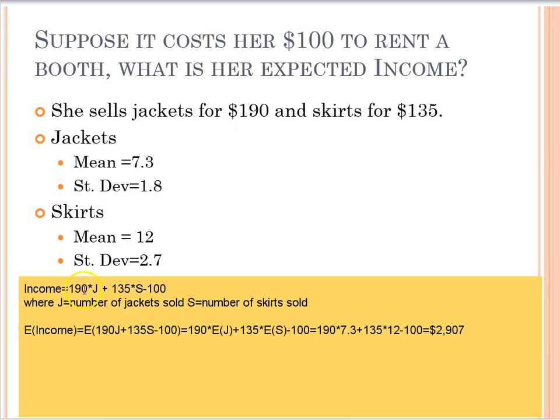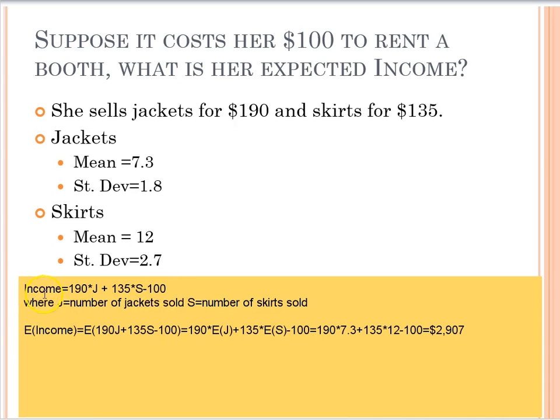So it's going to be the number of jackets she sells times what she sells them for, so $190. And then the number of skirts she sells times the selling price of the skirts, which is $135. And then we subtract off the cost of operation.